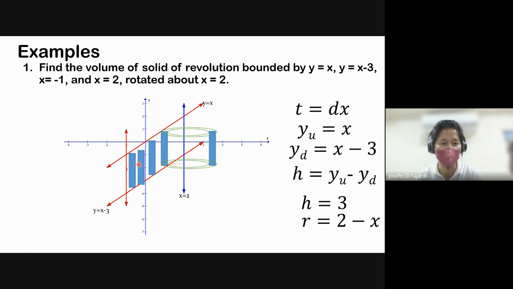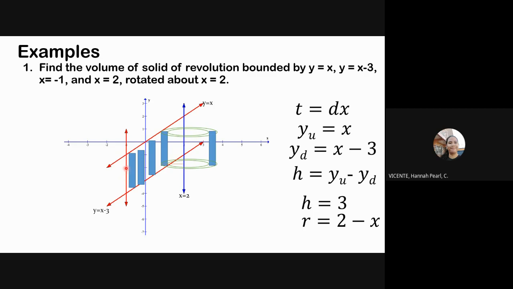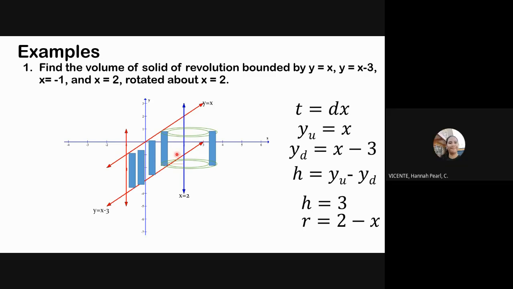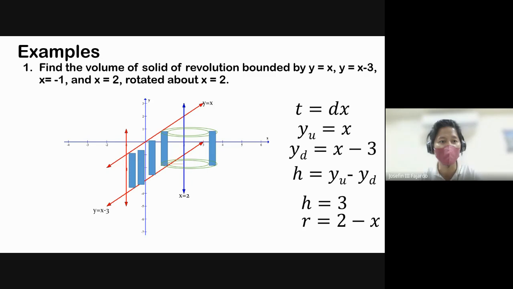The lowest value of x in this region will be in this line, di ba? Which is, ano yung x natin dito? -1 po. Okay, and then the highest value of x in this region will be at this line, which is at x equals 2. Okay, so ang mangyayari dyan, ang magiging lowest value natin ay -1. So yun yung lower limit and then the upper limit will be 2.